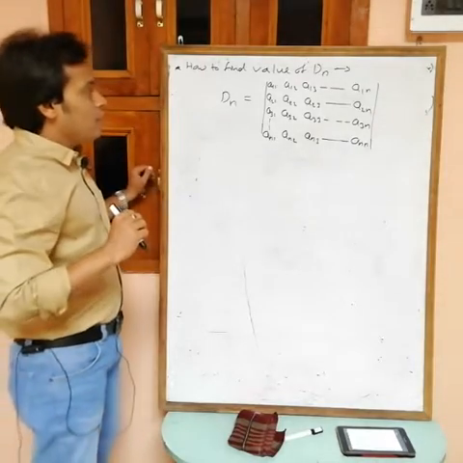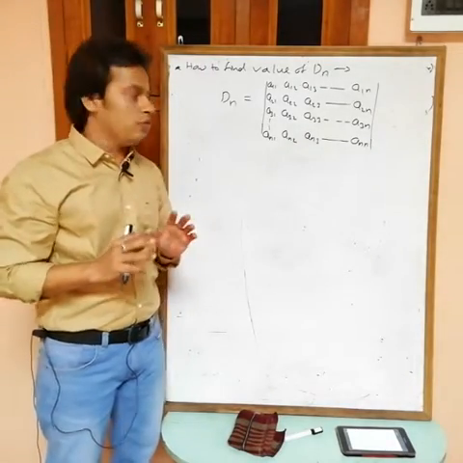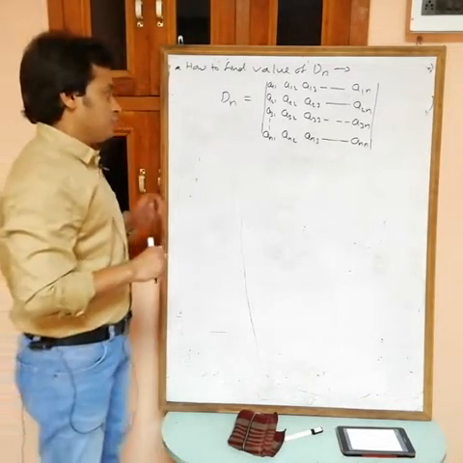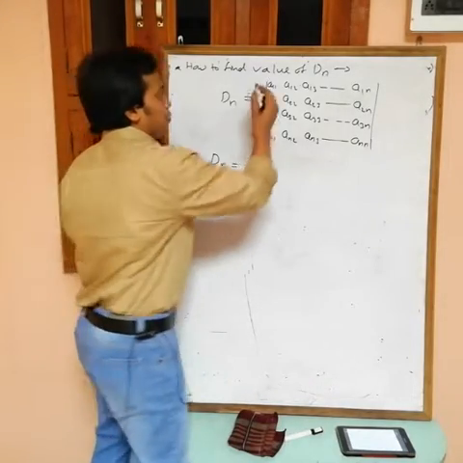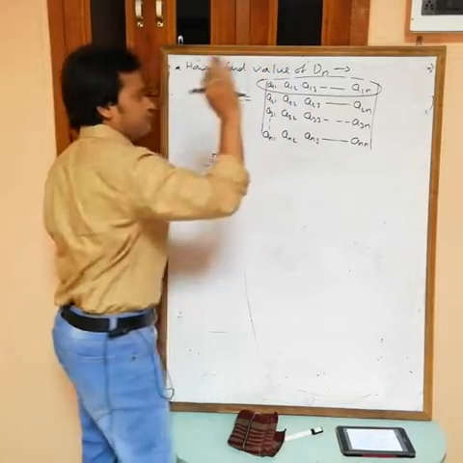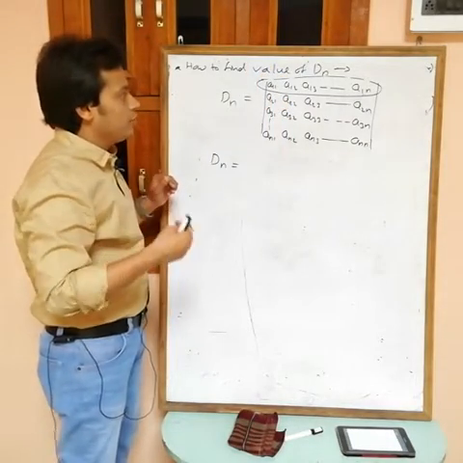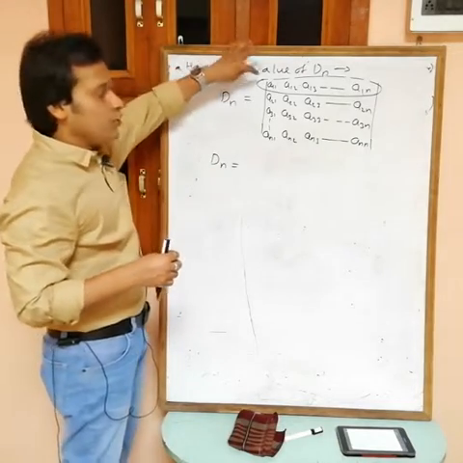To get the value of determinant, first we have to select any one row or one column. Suppose I am choosing the first row.